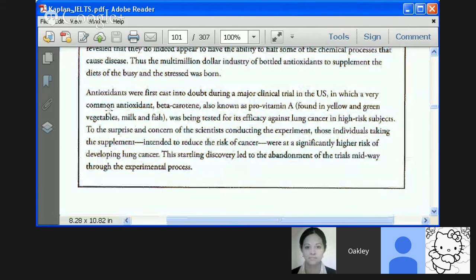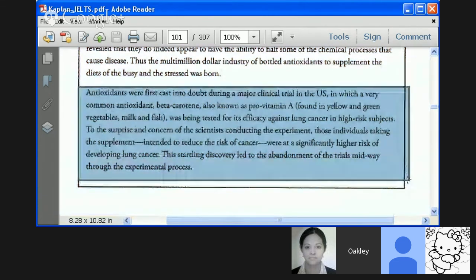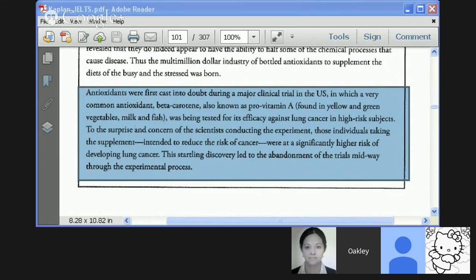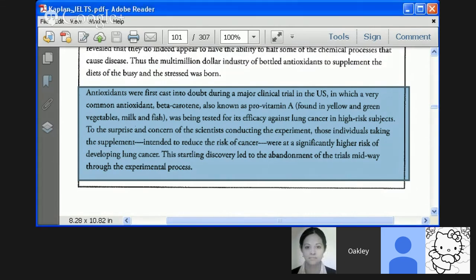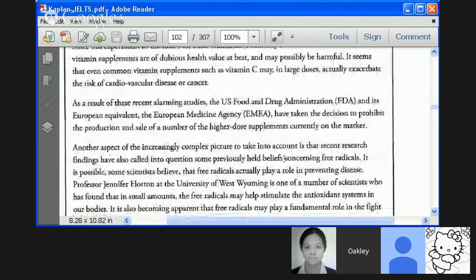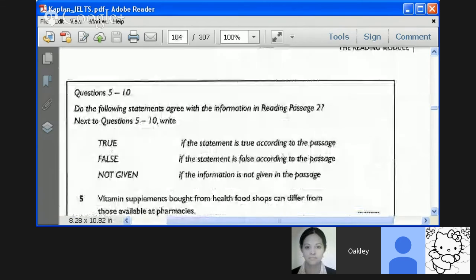Is there anything about court, judges? No. What do you think is the answer here? True, false, or not given? Not given. I agree. There's absolutely nothing there.